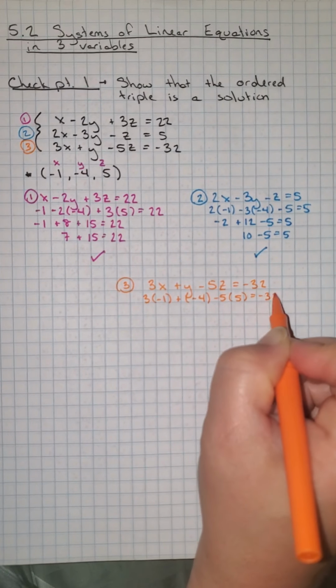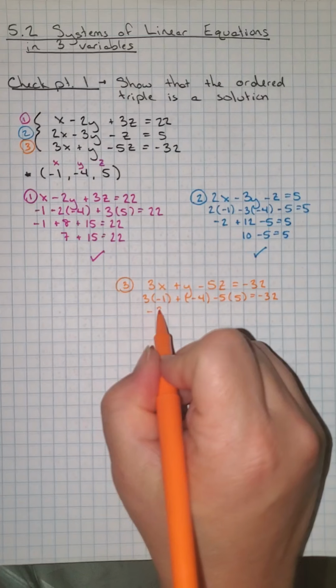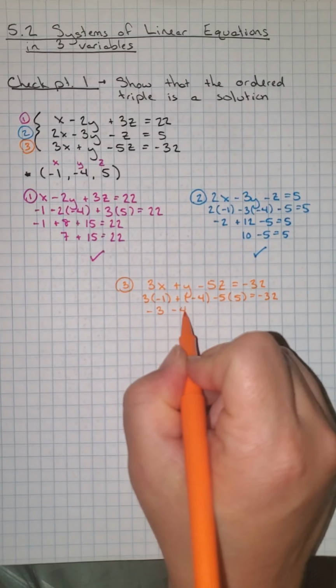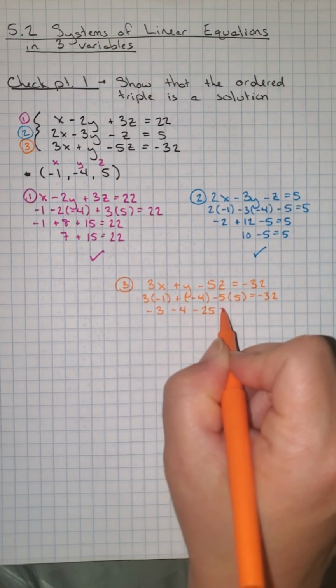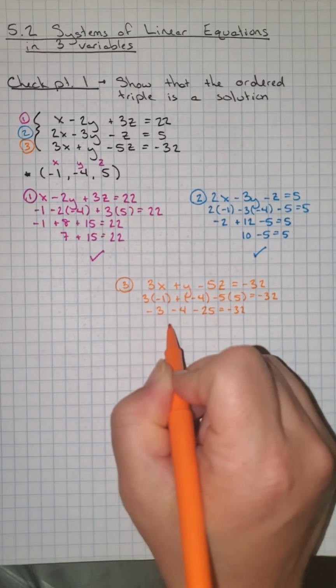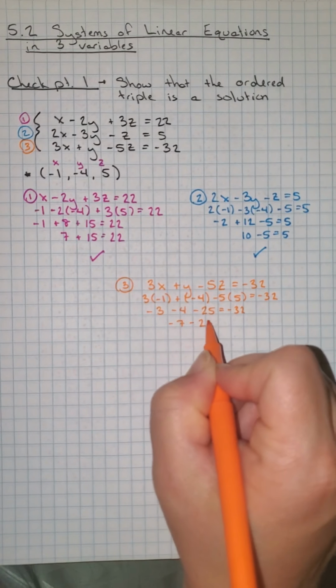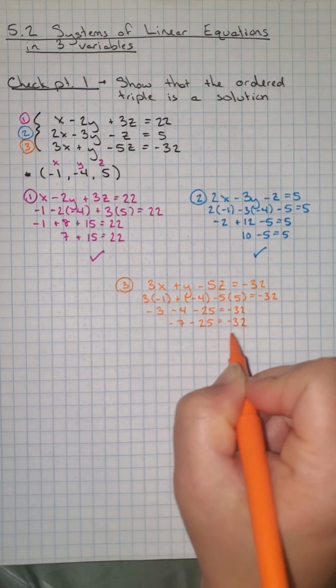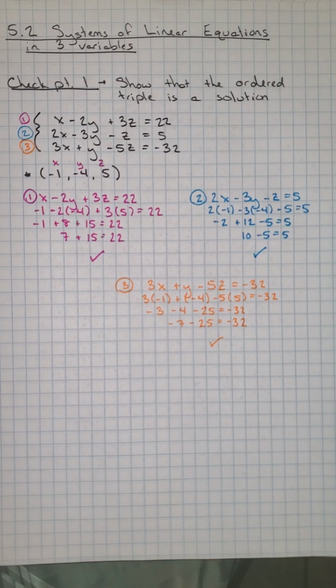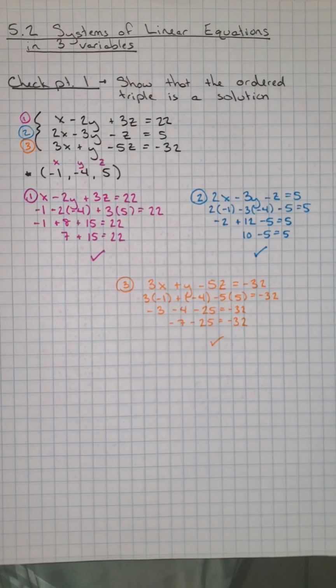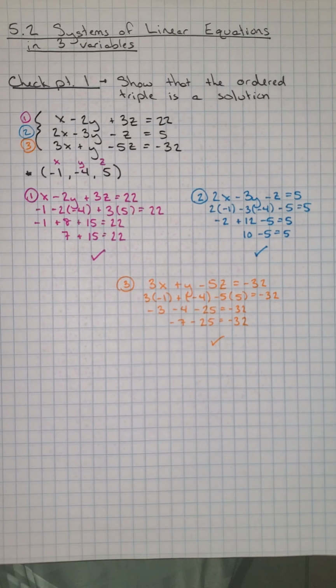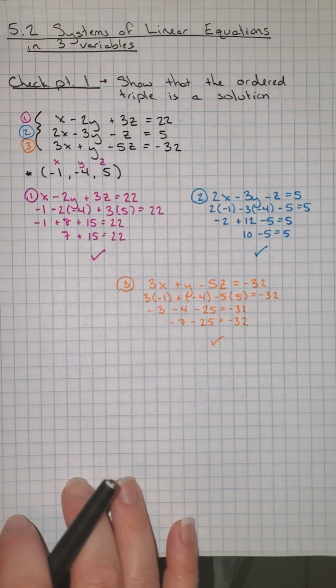Does it equal -32? That's -3 minus 4 minus 25. -7 minus 25. Yep, that equals -32. We're good to go on checkpoint 1. It works in all 3. Alright, so that's actually just how to check your answer.